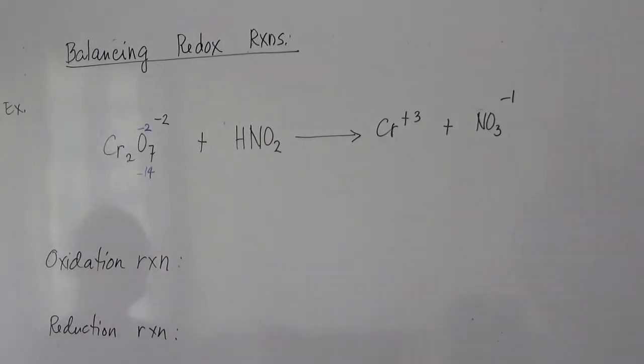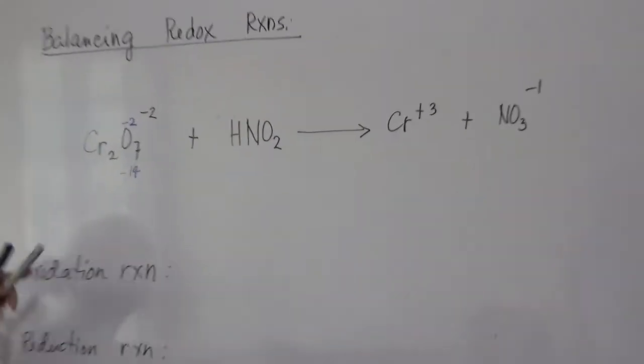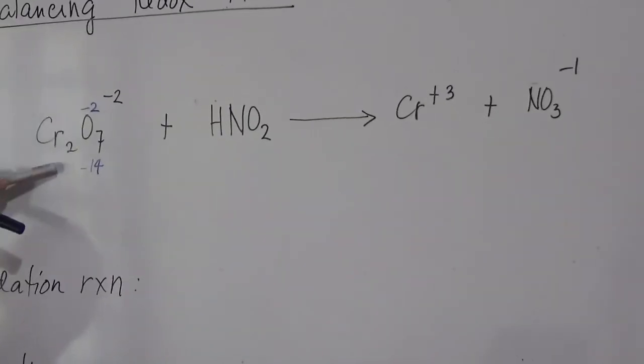Now the question is, what should be the oxidation number of chromium, wherein you have 2 atoms of chromium here, in such a way that once you get the sum, it would be equal to -2.